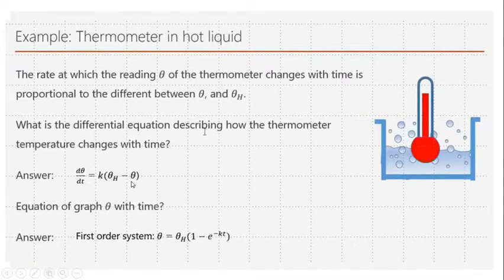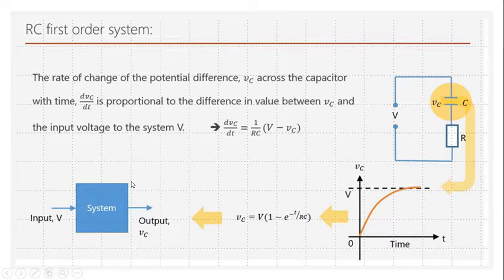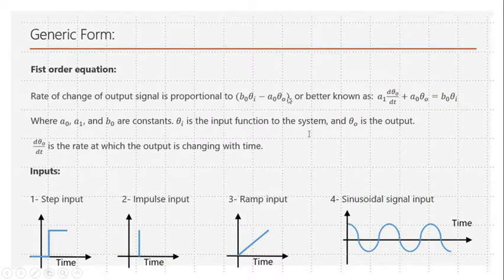Theta h minus theta, or in this case capital V minus Vc. So for those differences, I have this generic form.